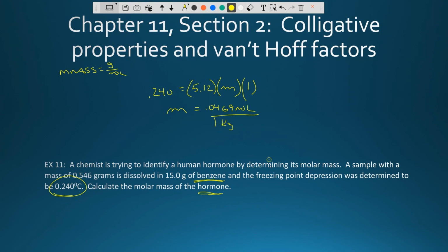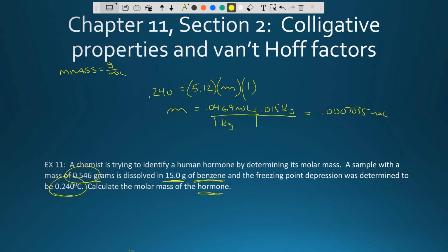But I don't have a kilogram of benzene, do I? I have 15 grams. So that ends up being 0.015 kilograms. And so my number of moles ends up being 0.0007035 moles of the compound. Okay? How many grams did I have in here? Well, I had 0.546 grams.